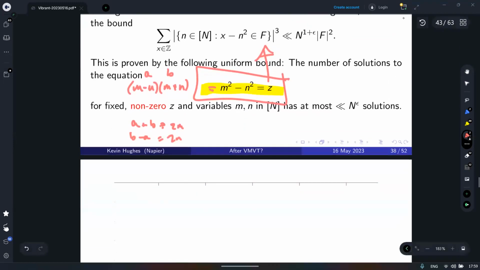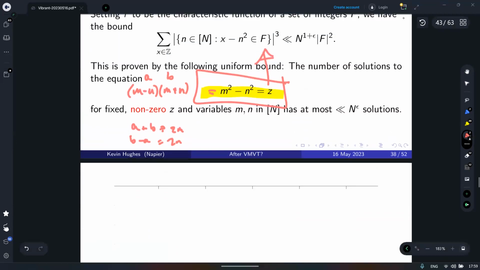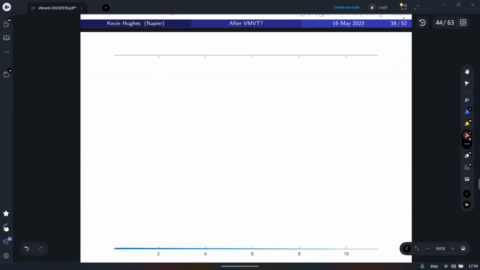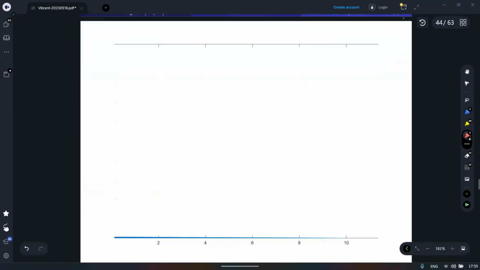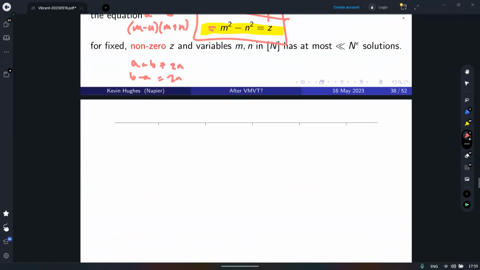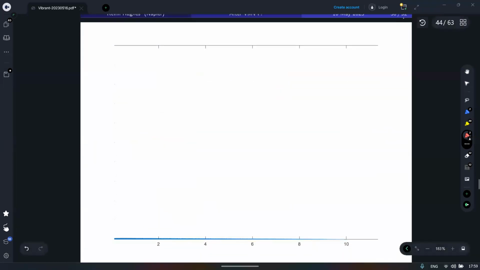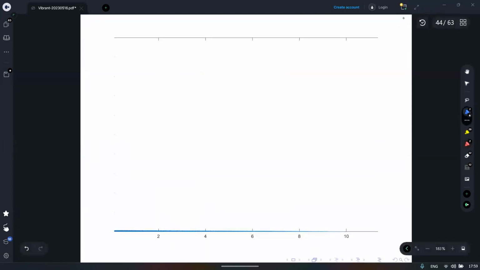But what that led me to realize is that compared to previous works in this area, due to Oberlin, Pierce, Kim, and so on, you really need to work with non-zero z, rather than zero. This is super important, and that's sort of an essential insight that I had. So I'm going to show you a few graphs.